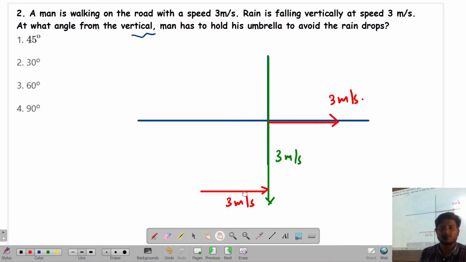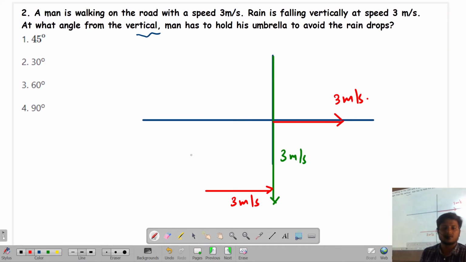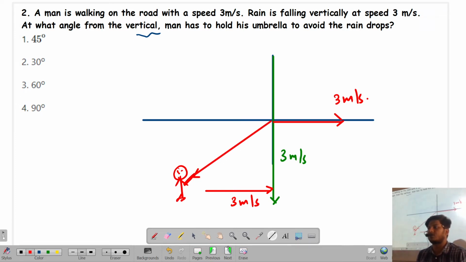Let's suppose here I have my man. In which direction should he hold his umbrella? He will hold his umbrella along the direction of velocity of rain with respect to man, or not? Tell me yes or no. So in which direction is that velocity of rain with respect to man, and at what angle is it with respect to the vertical? You can calculate this theta. Tan theta is equal to what?